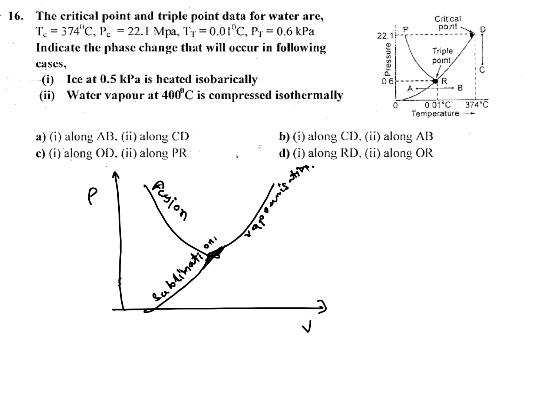This is our sublimation line, this is our vaporization line and this is our fusion line. So in this question, A to B goes from solid to vapor, and here it's liquid.